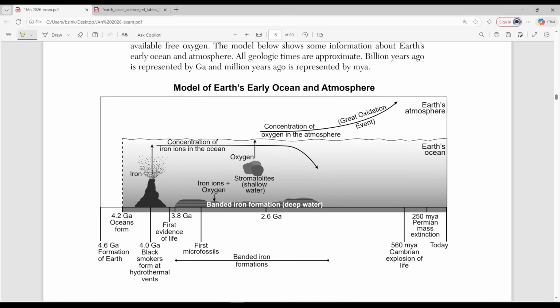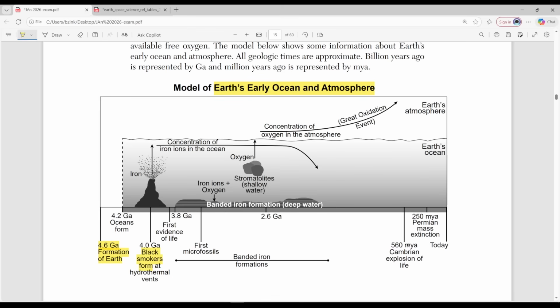I'm just going to try to look at this and get an idea. So early ocean and atmosphere. Formation of Earth. They gave us the formation of Earth 4.6 billion years ago. Then the ocean formed. Then black smokers formed. So that's like little volcanoes. First evidence of life. First microfossils.